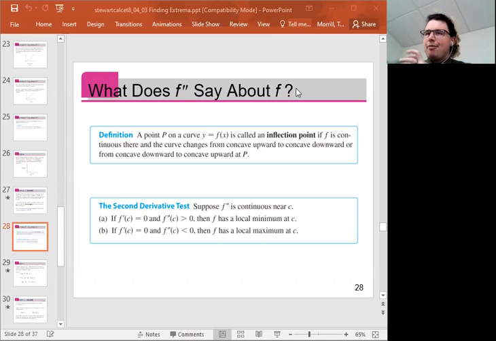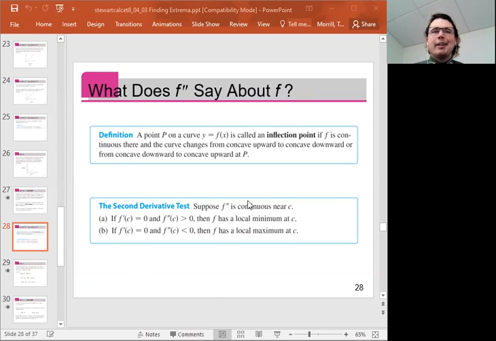So if my function is concave down, and I have a critical value there, that's going to be a maximum. If my function is concave up, and I have a critical point, that's going to be a minimum.